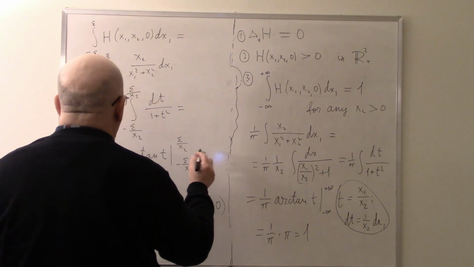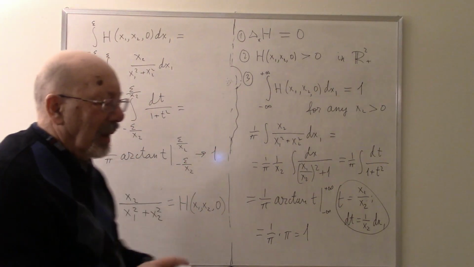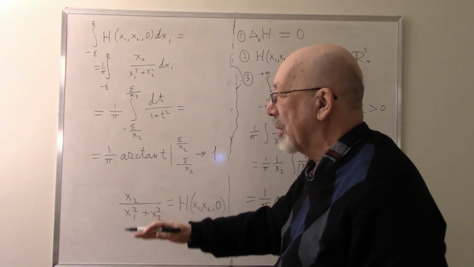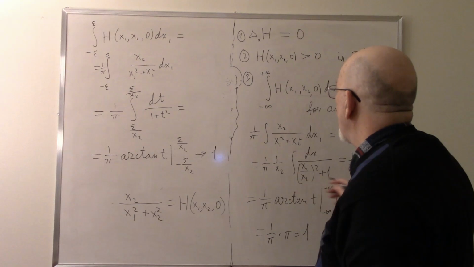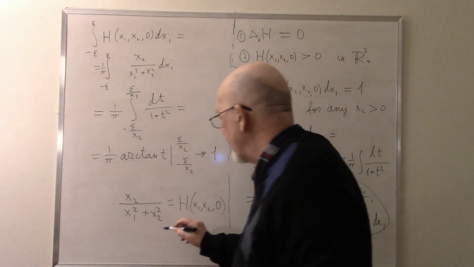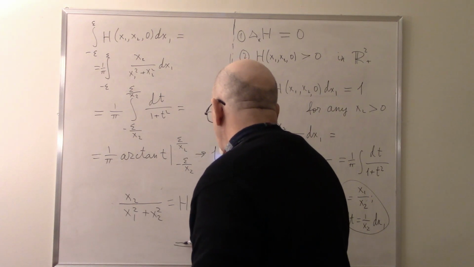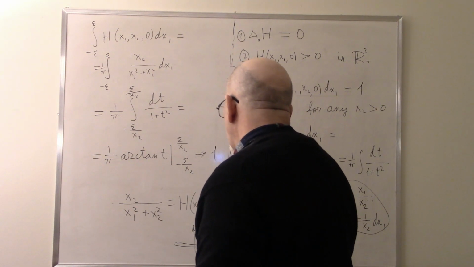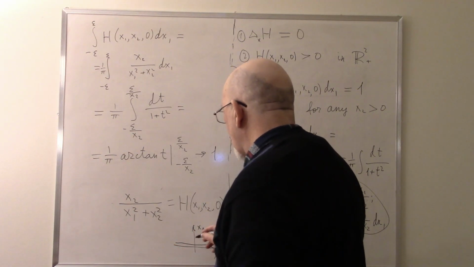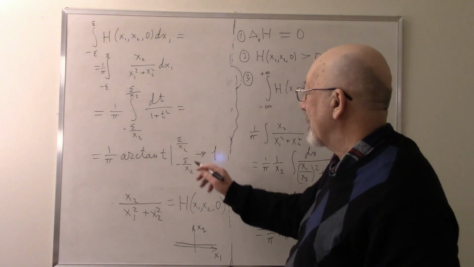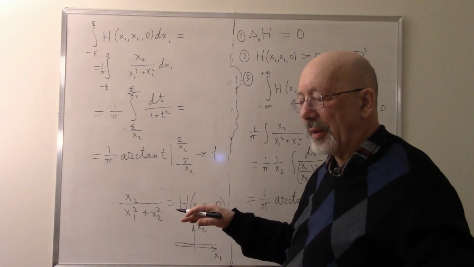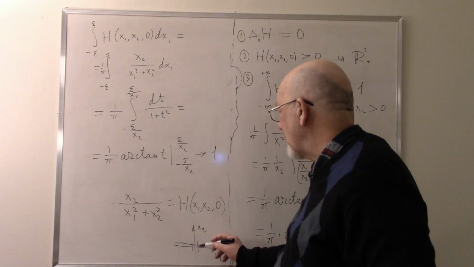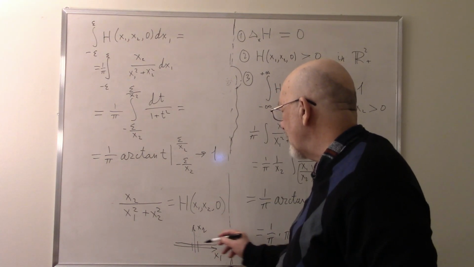So it goes to 1. So the mass of this function, when we go closer to the x1 axis, becomes closer and closer to delta function, because this function is positive and its total integral is one, and the integral over a small segment from minus epsilon to epsilon goes to 1. So the integral outside goes to 0.